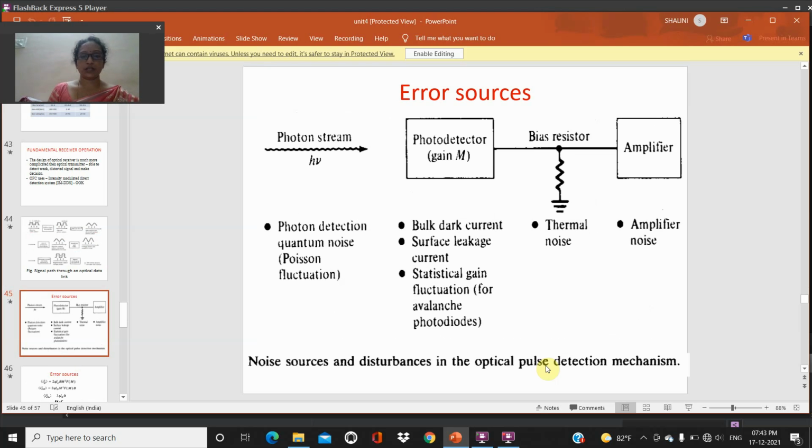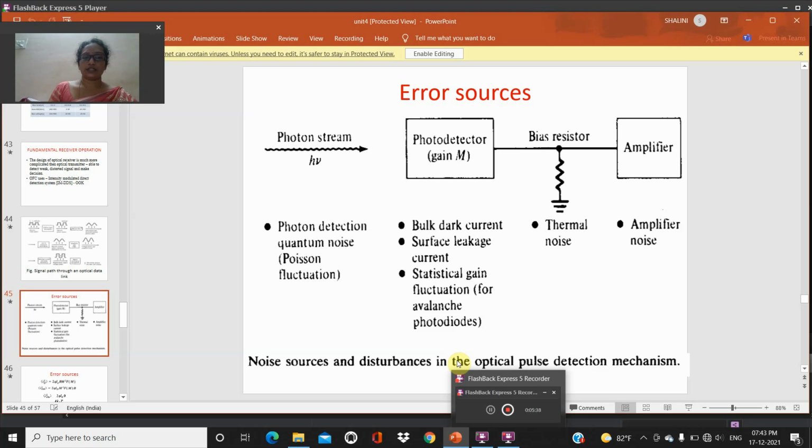The photo stream goes to the photodetector, which detects and provides gain, and then to the amplifier, with a bias resistor between the photodetector and the amplifier. The error sources are photon detection quantum noise, which is a Poisson fluctuation; bulk dark current, surface leakage current, and statistical gain fluctuations for avalanche photodiodes in the photodetector; and thermal noise and amplifier noise in the amplifier.